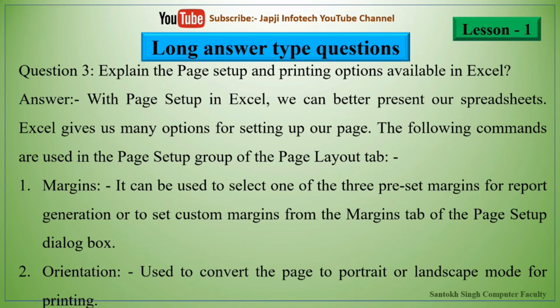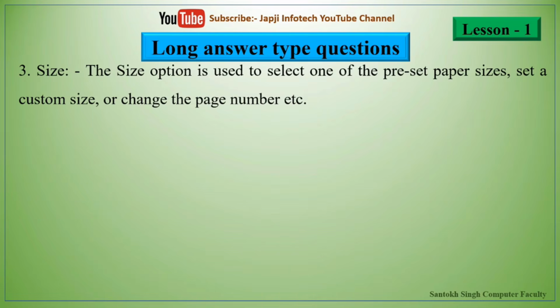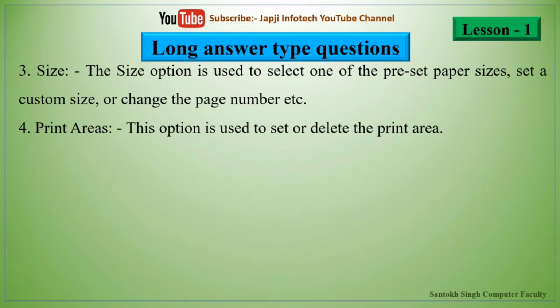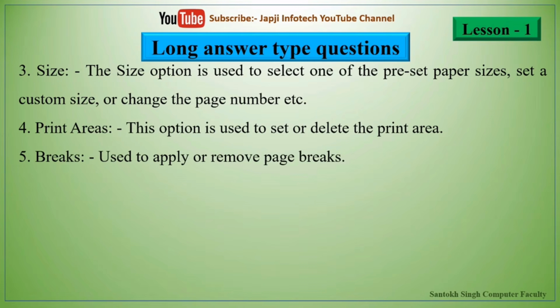Second one is orientation. Orientation is used to convert the page to portrait or landscape mode for printing. And the third one is size. The size option is used to select one of the preset paper sizes, set a custom size or change the page number, etc. Print area. This option is used to set or delete the print area. Break.